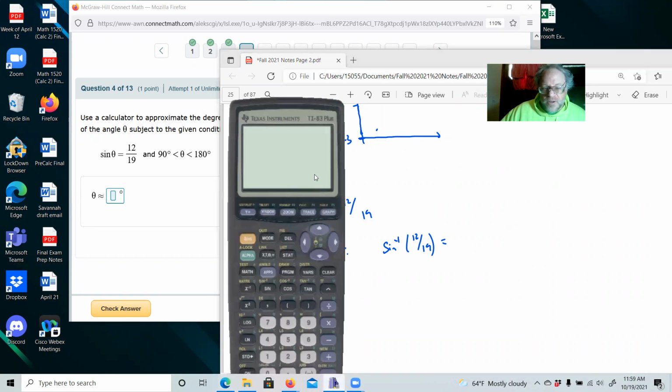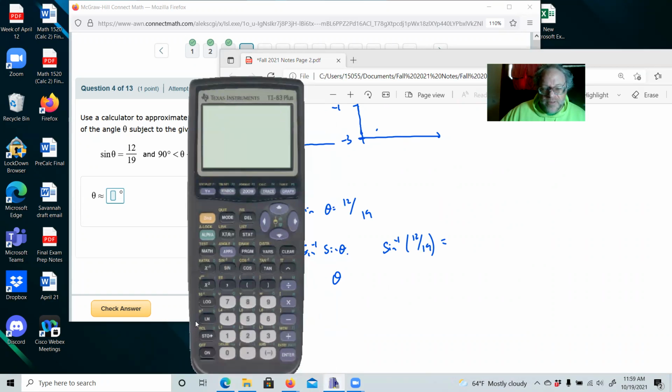Okay, so are we in radians? I don't think so. So we're going to go to mode, radians, select that, quit. And then we're going to say inverse sine of 12 divided by 19. Oh, wait, no, it should be in degrees. Let me go back. Mode, degrees, done, quit.